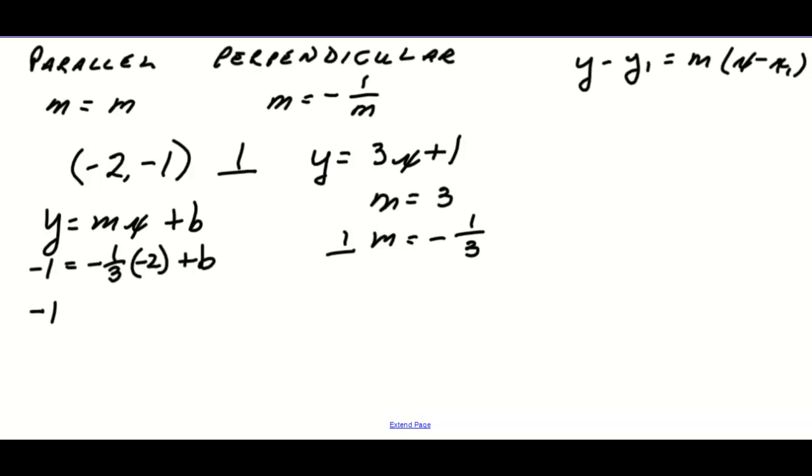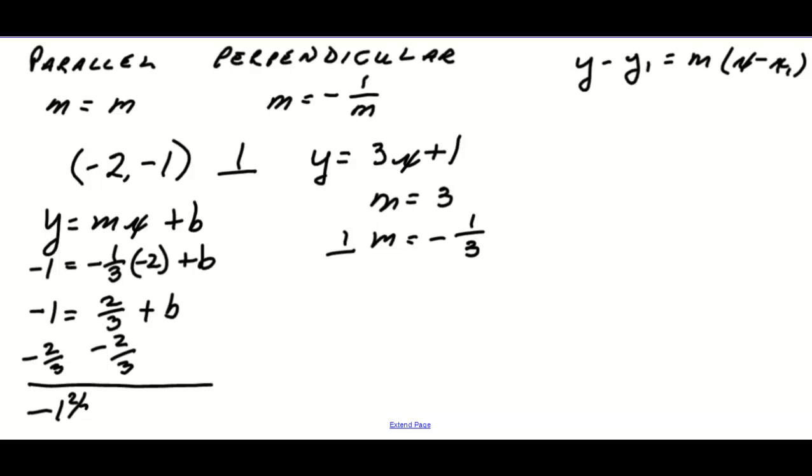What we get is negative 1 equals 2/3 plus b. Now we subtract 2/3 from both sides. On the left, we have negative 1, we have a negative 2/3. That's a negative 1 2/3 equals b.